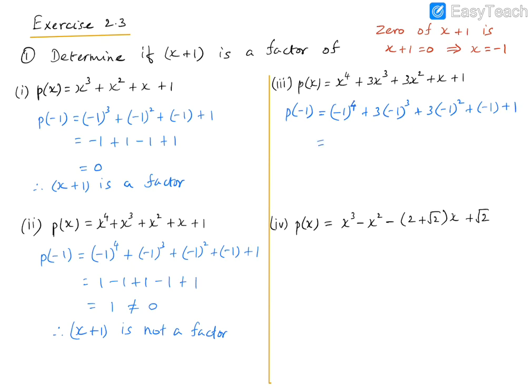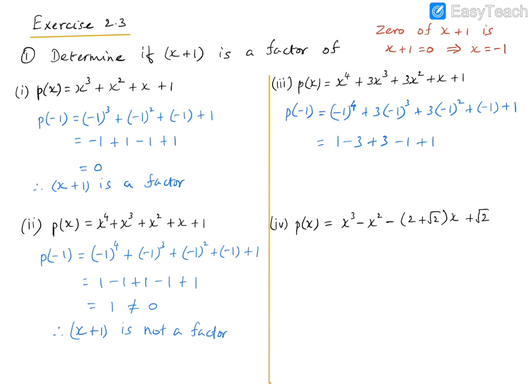So -1 power 4 is 1. 3 into -1 cube. -1 cube will be -1. -1 into 3 will be -3. And -1 square will be +1 into +3 is +3. And then we have -1 and then a +1.